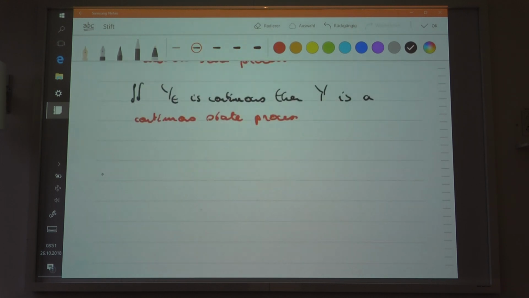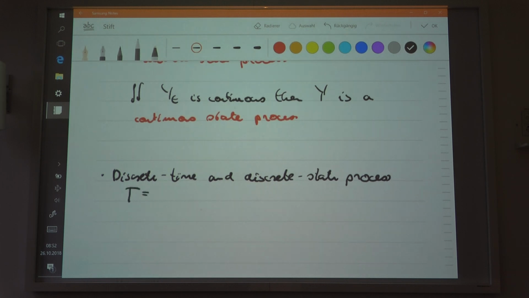Let me summarize those because we're going to see them. The first category is a discrete-time and discrete-state process. Here the set of time is equal to the set of all integers, and the random variables are discrete for all elements of the time.